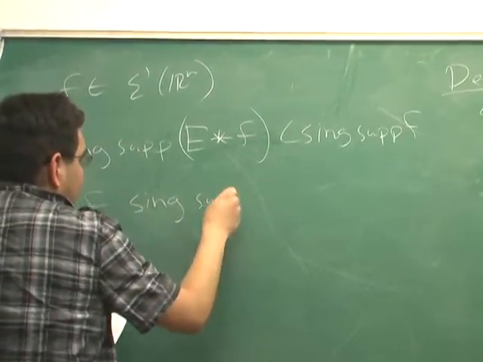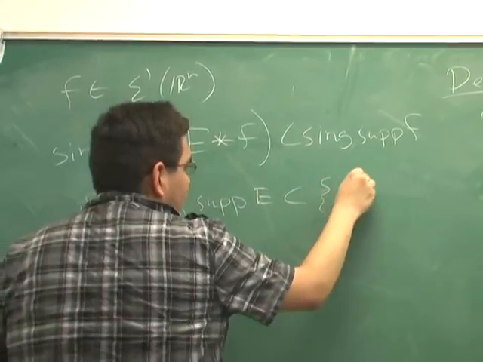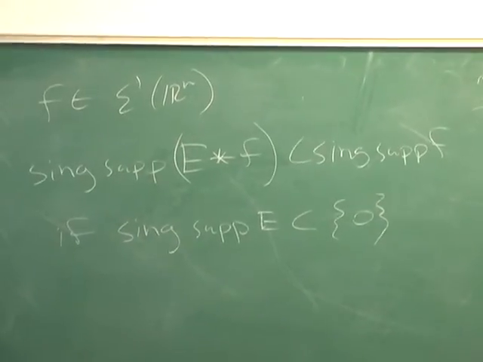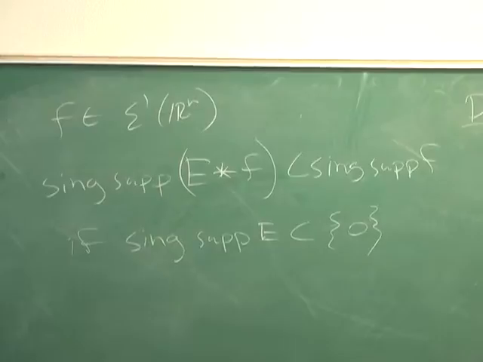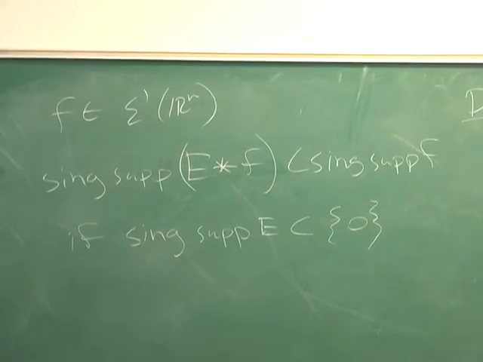Why is this? The book just said it's an exercise. I didn't really go into it. So you computed E convolved with F and you get U and then plus something smooth, right?